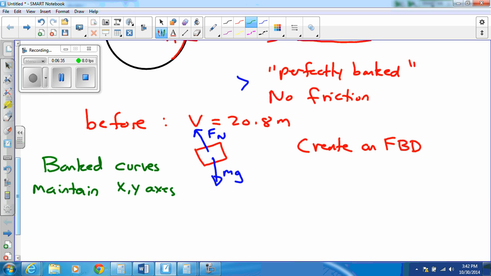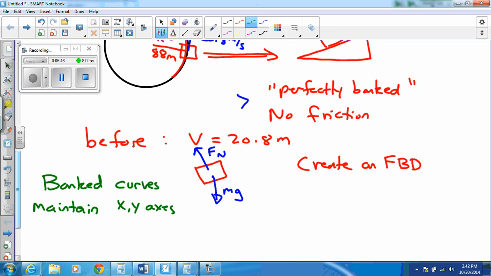And that may be surprising, because usually on inclined planes we rotate our axes. However, for banked curves, it turns out that rotation is not very helpful, because in the end we are going to be trying to set the centripetal forces equal to mv squared over r, and the centripetal forces are pointing directly along the x-axis in towards the center of the circle.